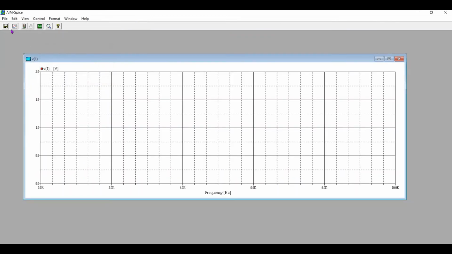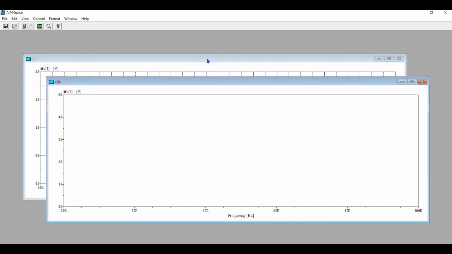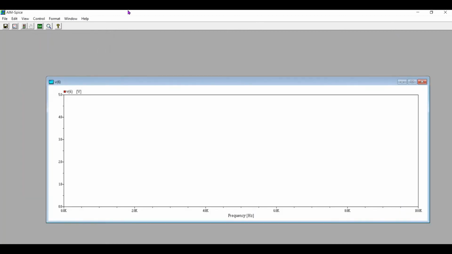We have to select the output voltage V6 because we are finding the output impedance. OK, format, auto scale, simulation, OK, format, auto scale.